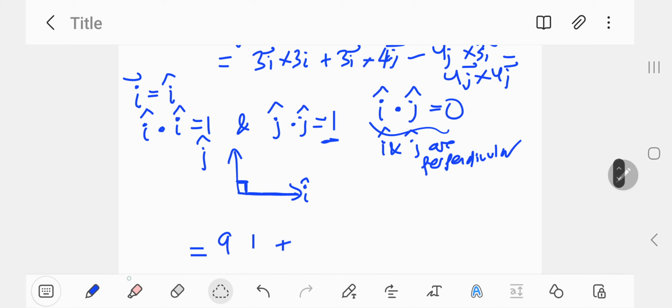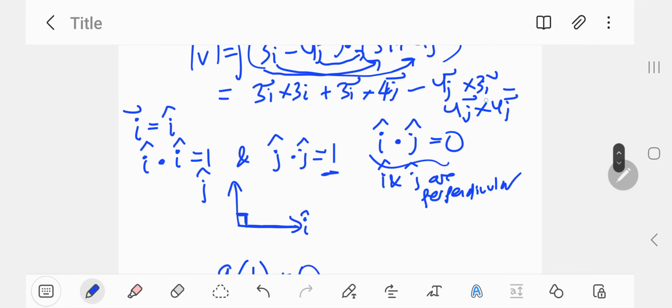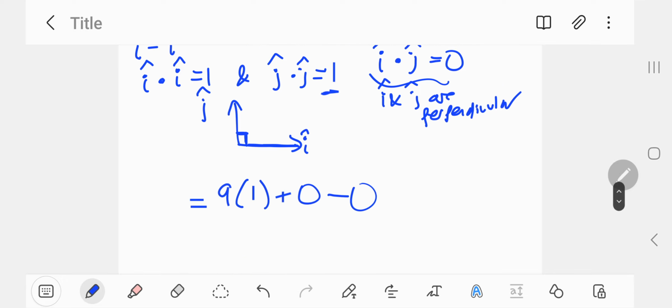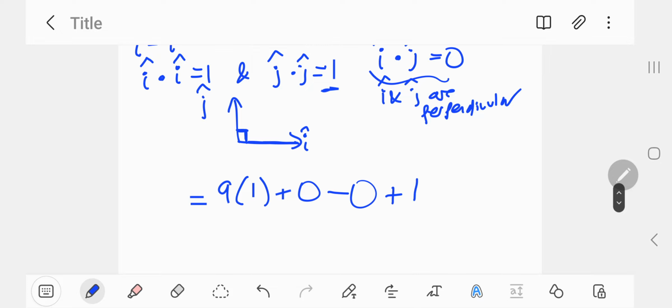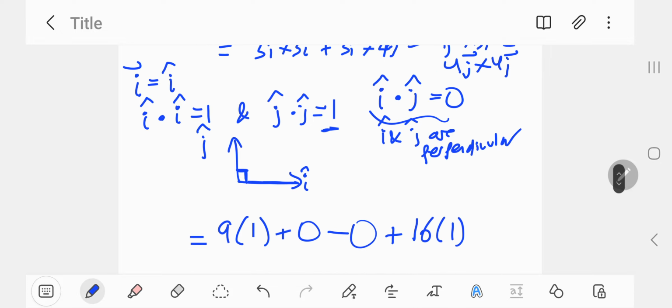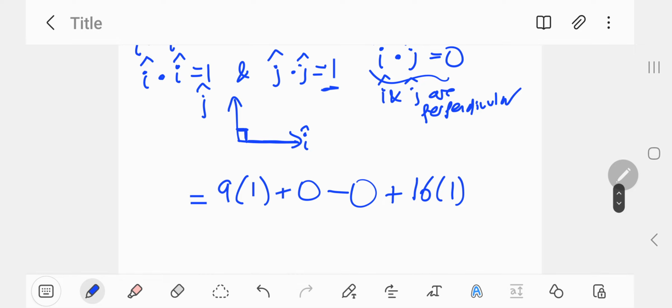So you get 0 here. And then minus 4j times 3i, that's also 0. So you can see there's cancellation happening here. And then 4j times 4j, that's 16 times 1, because j dotted with j is just 1. And so we're left with 9 plus 16, which is just 25. So that's the norm, that's the length of the vector. It's 25 units, I should say.